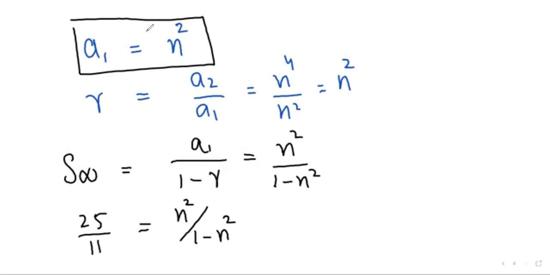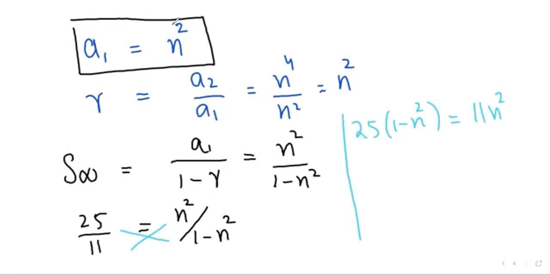Now cross multiply. 25 times (1 minus n squared) is equal to 11n squared. It would be 25 minus 25n squared, which is equal to 11n squared.